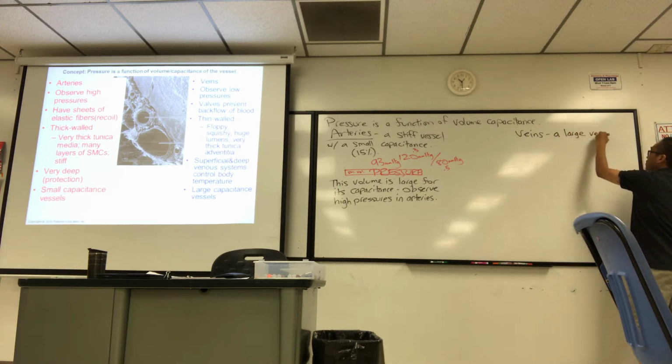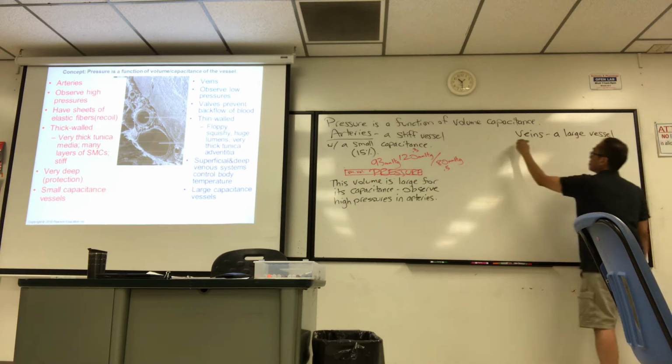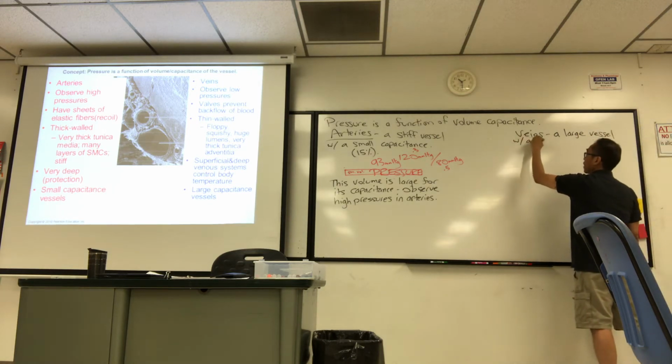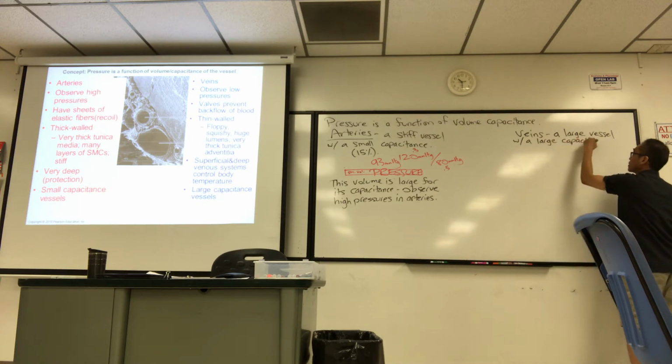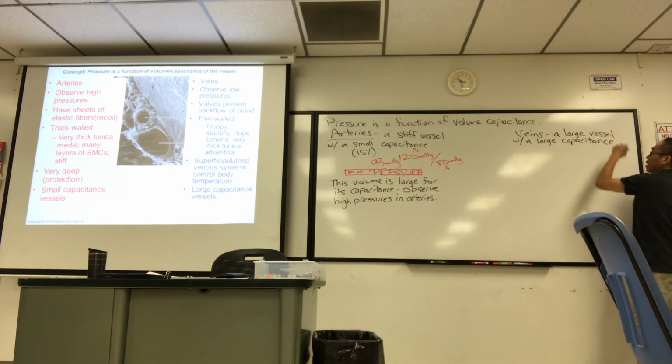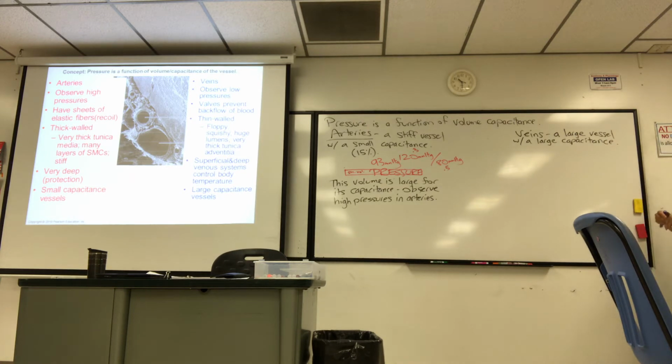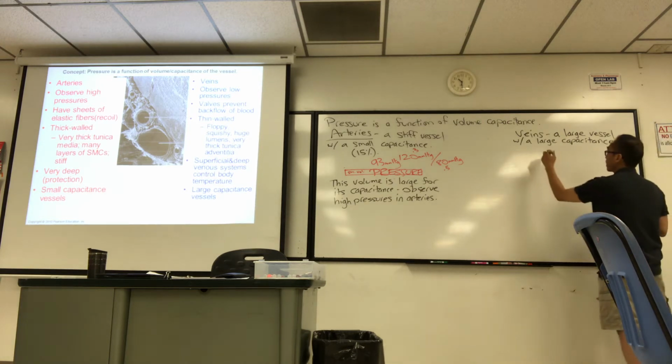A large vessel with a large capacitance. If you took a regular sized balloon as opposed to a water balloon, you could fill that thing with a lot of water. It can hold a lot. Turns out for veins, they hold about 60% of blood at any given time. 60%.